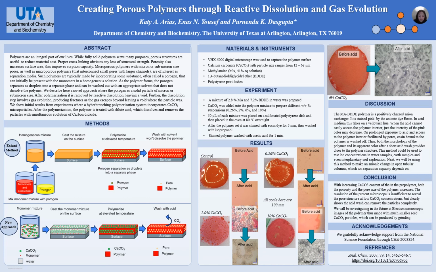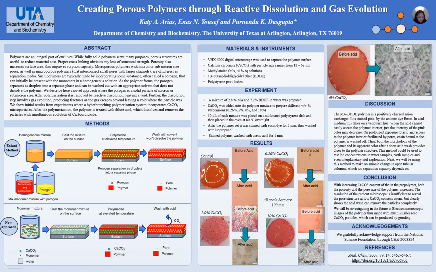MA/BDDE polymer is a positively charged anion exchanger. It is stained pink by the anionic dye eosin. In the acid, this takes a yellowish hue. When the acid cannot access the polymer's interior as easily, the pink intensity may decrease. On prolonged exposure to acid, with access to the polymer interior facilitated by the pores, eosin bound to the polymer is washed off.